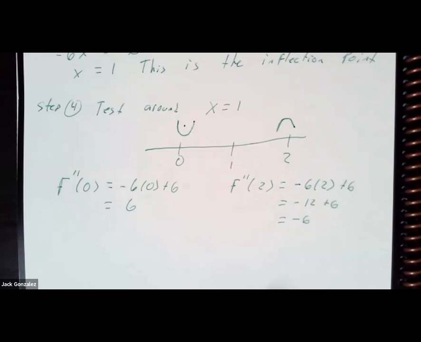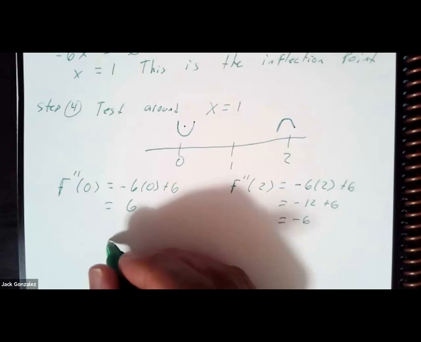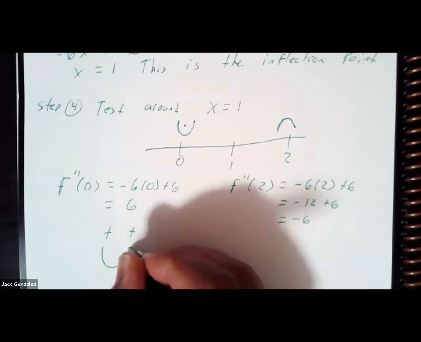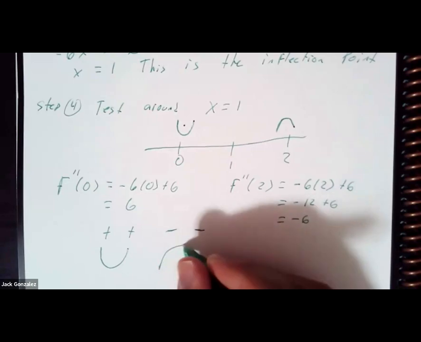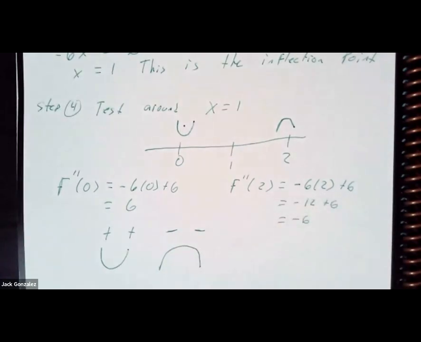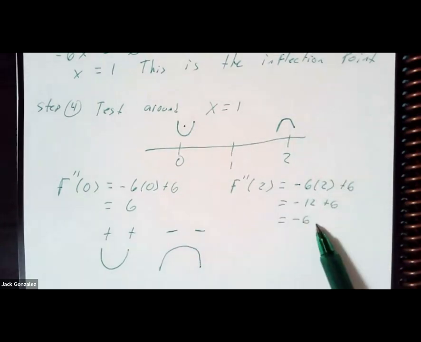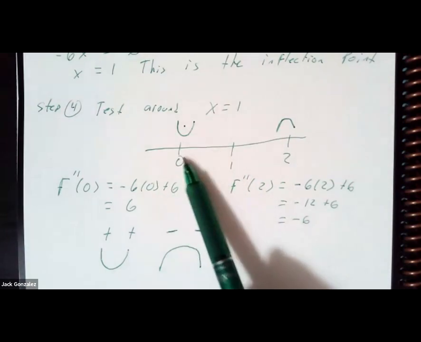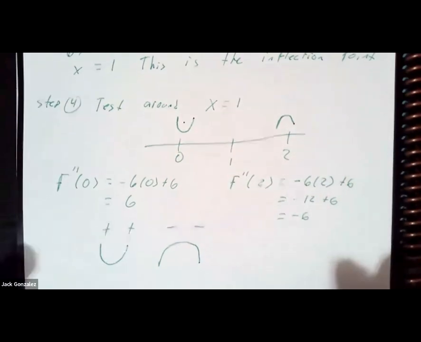Let me write something to help you remember. If it's positive, concave up, right? Happy face. If it's negative, sad face. So positive is concave up, negative is concave down. This implies, if this is a critical number, you would say that's a minimum or maximum. But it didn't ask for any of that.